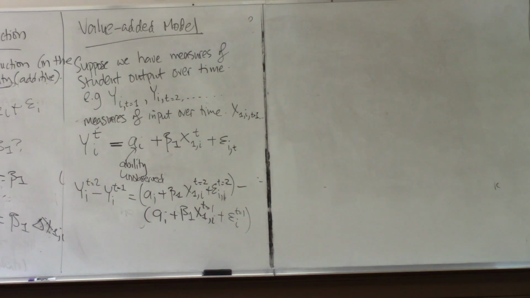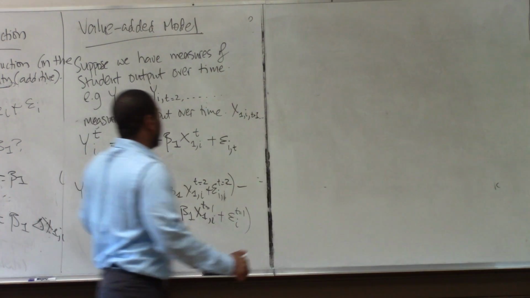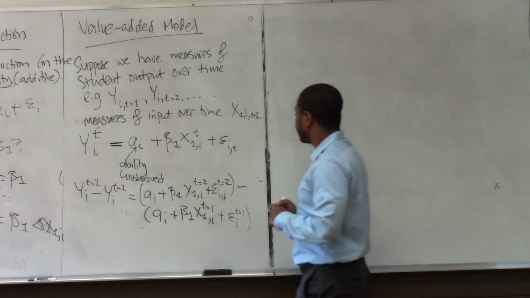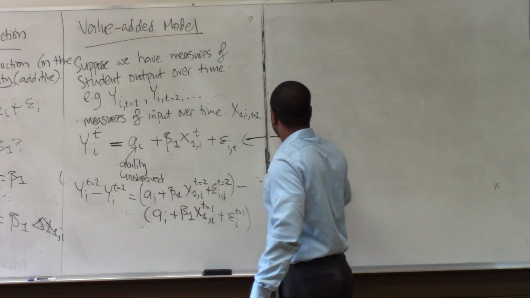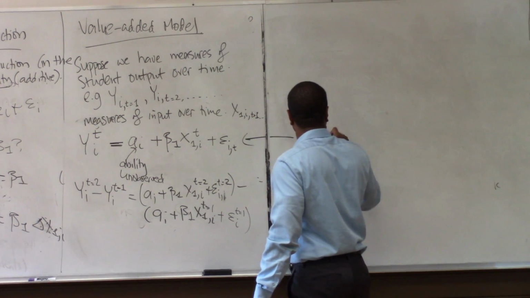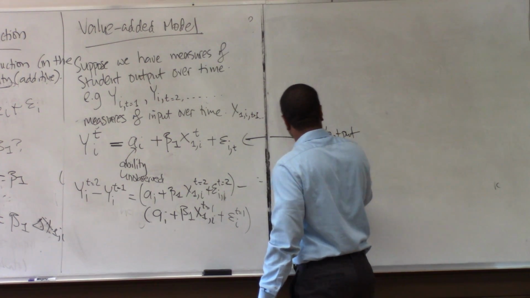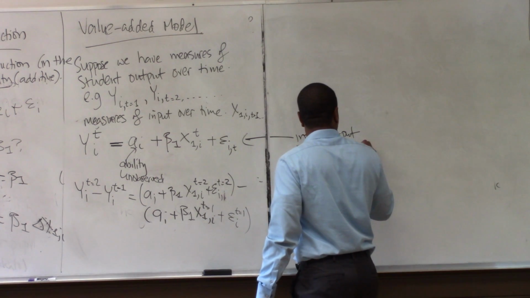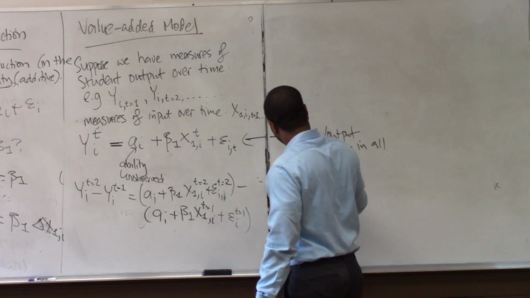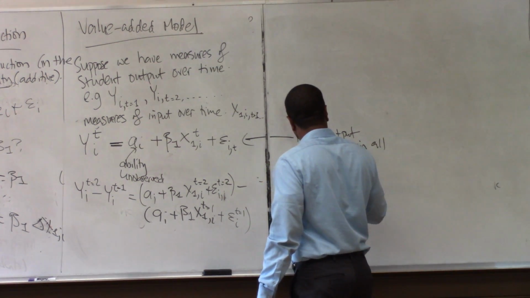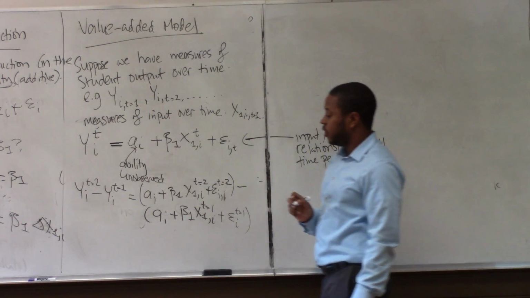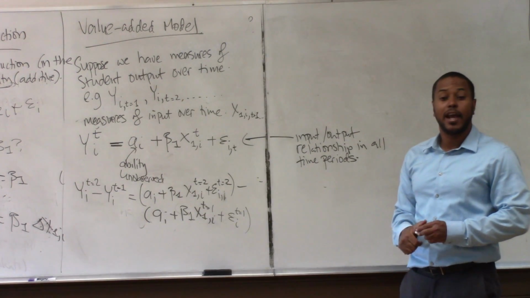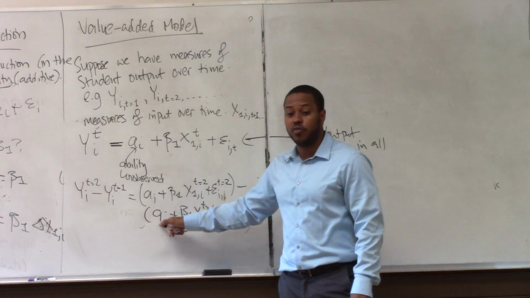Okay. So what we've done is we've said this is the relationship that holds between inputs and outputs in each time period, right? So this is the input-output relationship in all time periods. We have this unobservable alpha i, and so we just take the difference between the two time periods to remove that.